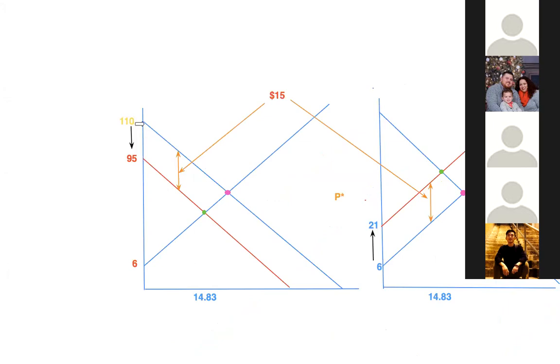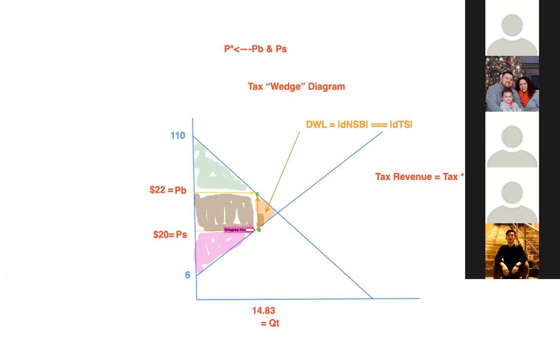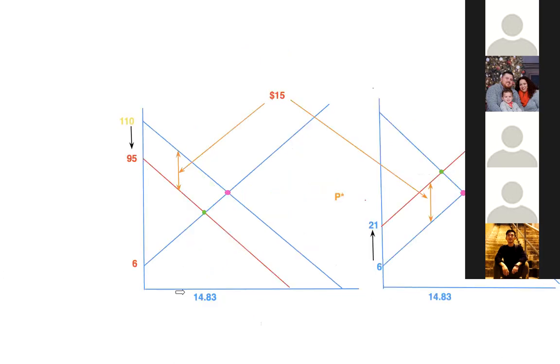Doesn't matter if we graph it using the demand or the supply, we'll get the same answer in terms of the after-tax quantity, and then we can identify the two different prices, because our after-tax equilibrium is different than most of the other equilibria we've been dealing with so far, in that we get one quantity, but two different prices. So one quantity here and two different prices.